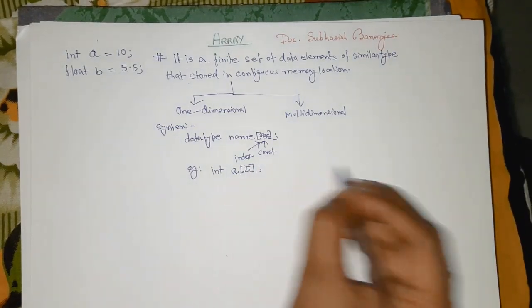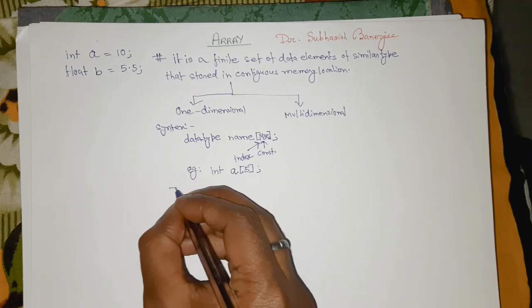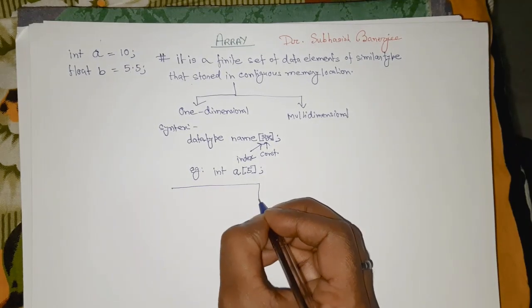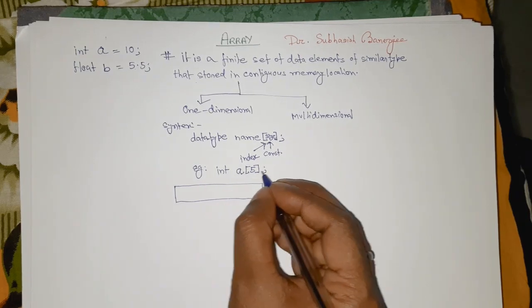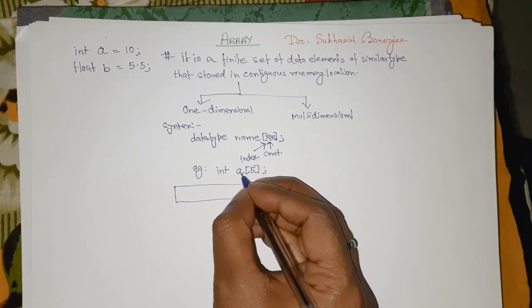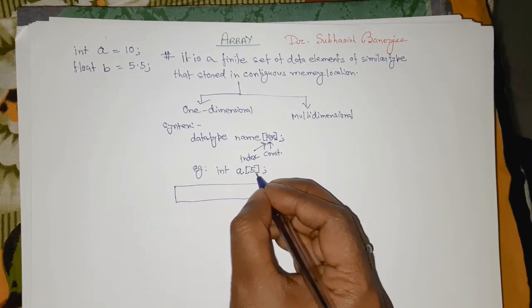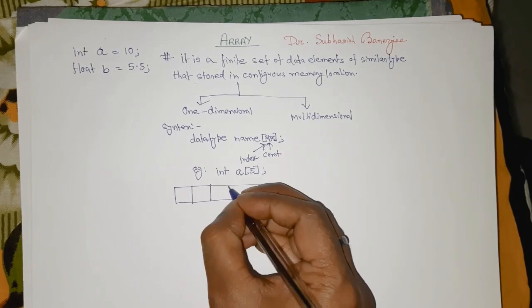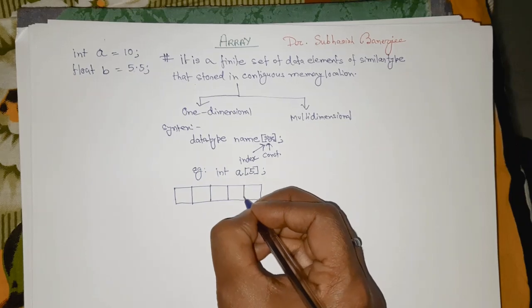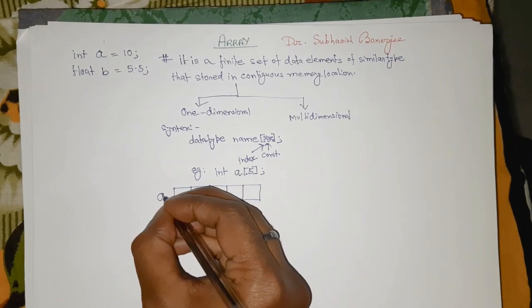Once you declare an array, the computer occupies space in computer memory. As soon as you declare int a[5], this variable a is going to hold 5 integer values, and every value is going to be stored in this memory block, where the name of the array is a.